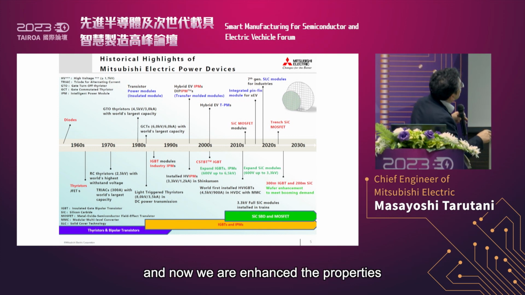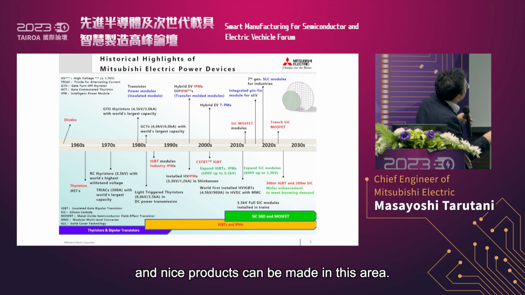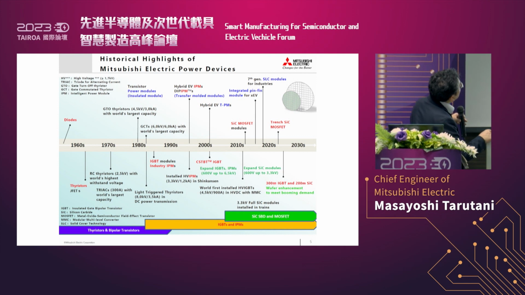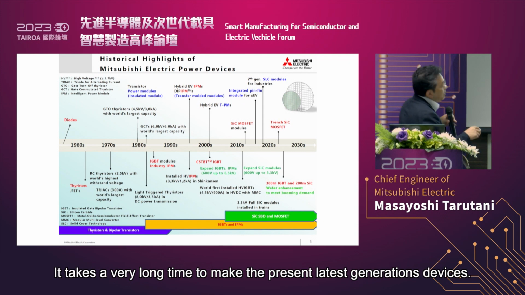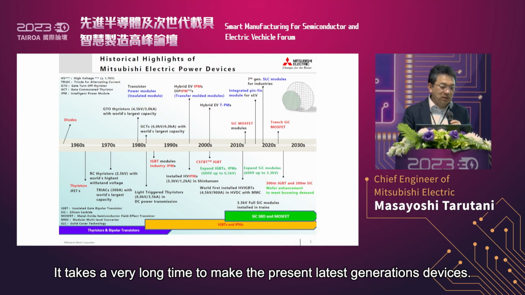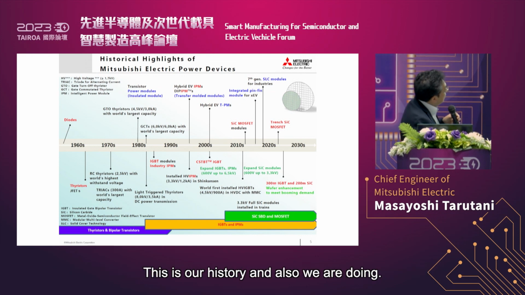And now we are enhancing the properties and nice products can be made in this area. So it takes a very long time to make the present latest generation devices. So this is our history.